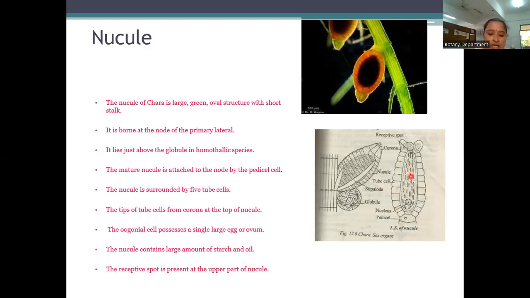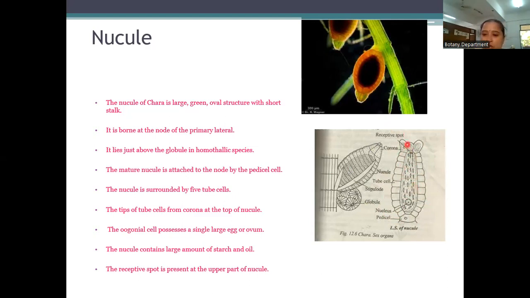The upper cell forms the oogonium. The middle cells, by vertical division, result in 5 sheath initials encircling the oogonium.